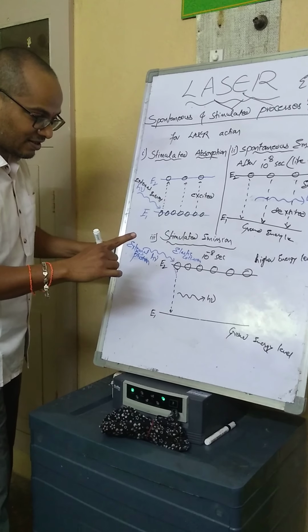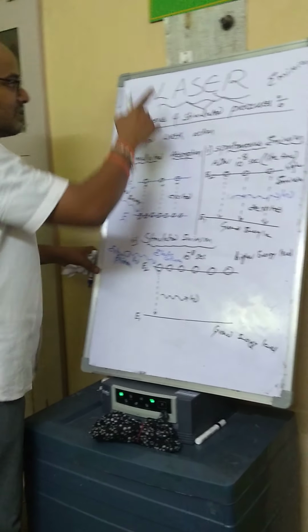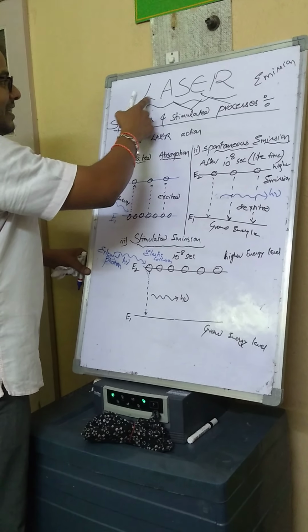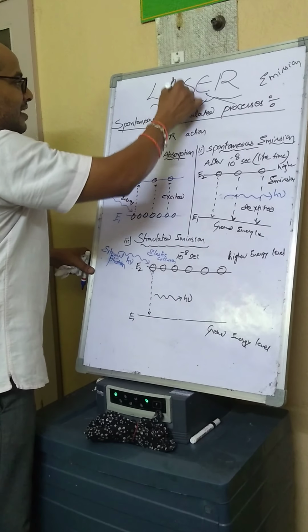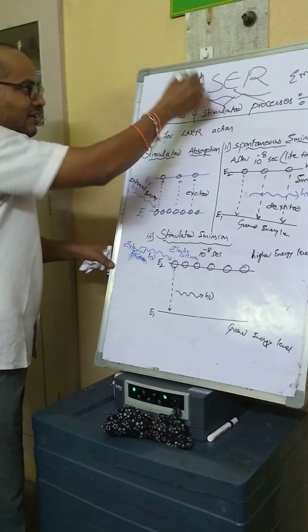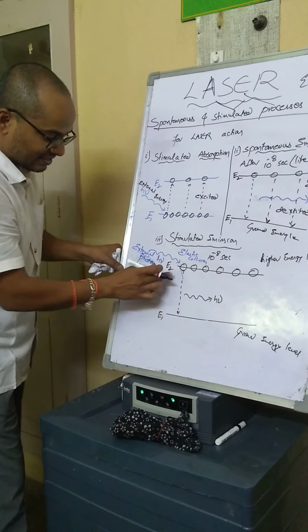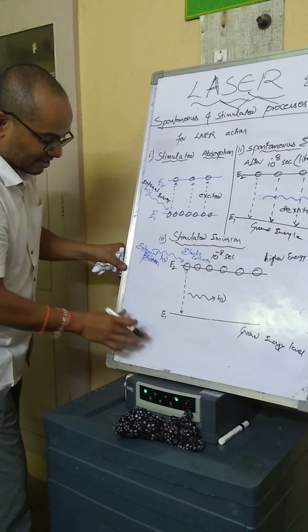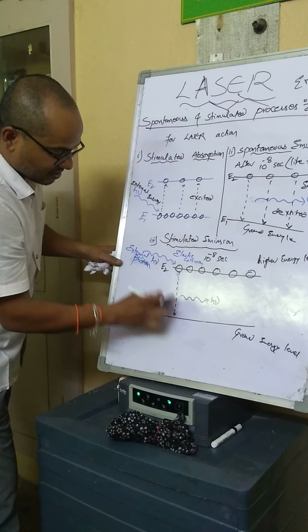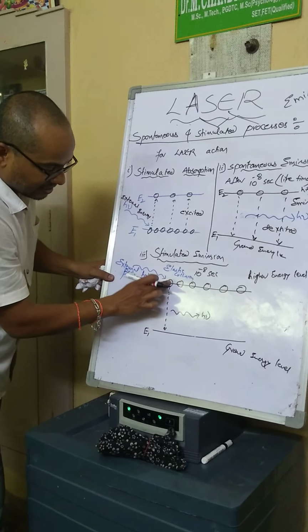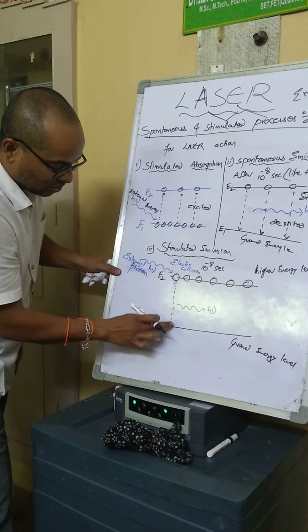Now you look at, while introducing the term laser, light amplification, right? So why the word amplification, why the word multiplication had I uttered? Here you can clearly notice, this atom is de-exciting from higher energy level to lower energy level.